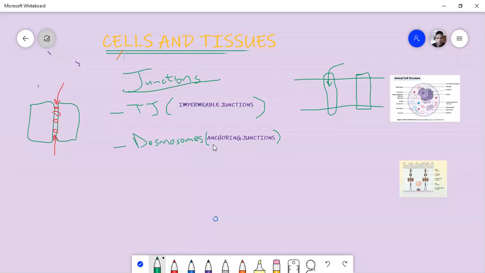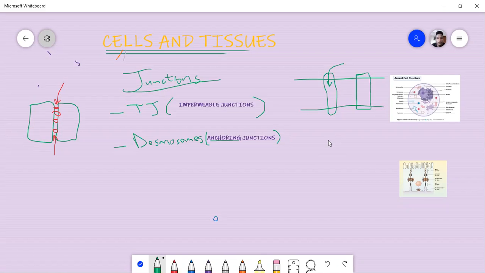So your desmosomes are also called anchoring junctions, right? They anchor, because remember when we were doing the integumentary system, I said they hold those spiny cells together. They prevent cells which are subjected to mechanical stress from being pulled apart. Which cells are subjected to mechanical stress? Like your skin, for example.